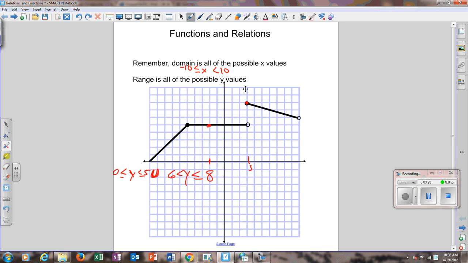So that gives a description of my entire graph. So that's how you would find the domain and the range. You're just tracking what your graph does. Okay?